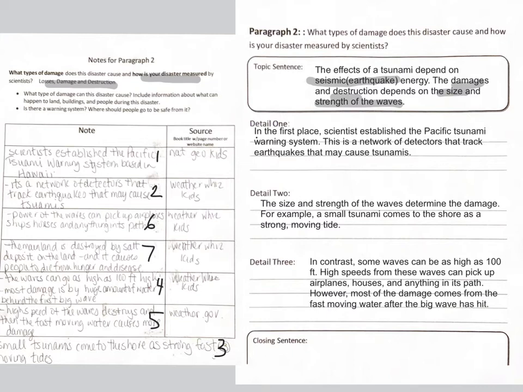Now I need to start working on my conclusion sentence. Remember, we want to link in the paragraph that we're going to be talking about next, which is how to be prepared. So in our conclusion sentence, we want to again say goodbye to the paragraph we're in, wrap it up and sum it up, which is the destruction, and then introduce and say hello to the next paragraph.